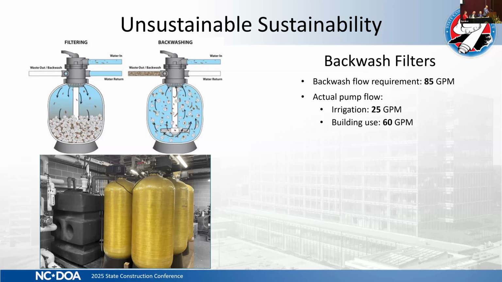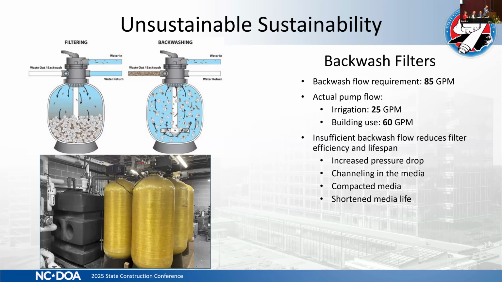And just as before, our filters are oversized for our pumps and we're not delivering enough flow to meet the backwashing requirements. That can cause a number of issues. So for one, if the media isn't completely flushed, we're going to see an increased pressure drop across the filter. And that could affect pump performance, especially if the pump may be lacking in head capacity to begin with.